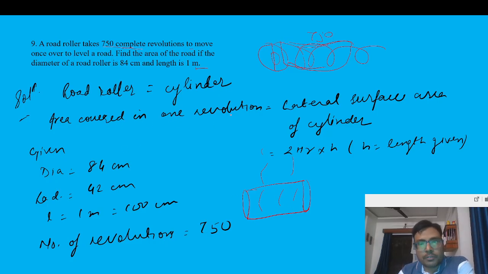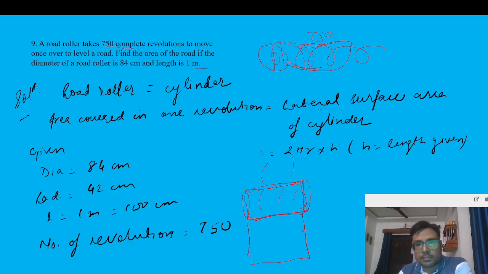Area covered in one revolution is equal to, now area covered in one revolution, if you move only this part, only this part makes the road. So when it moves, in one revolution it will cover some part, from here to here.